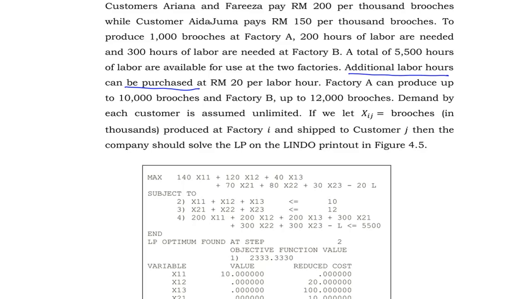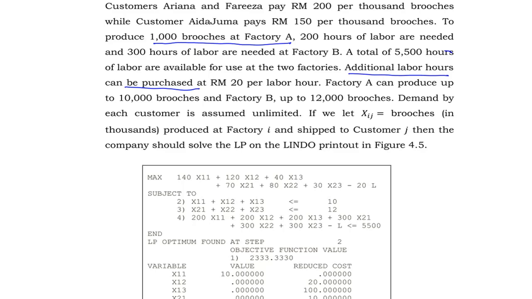To produce 1000 brooches at factory A, 200 hours of labor are needed and 300 hours of labor are needed at factory B. A total of 5,500 hours of labor are available for use at the two factories.